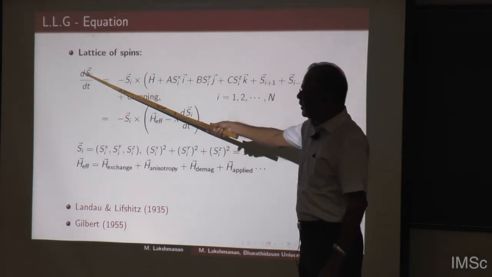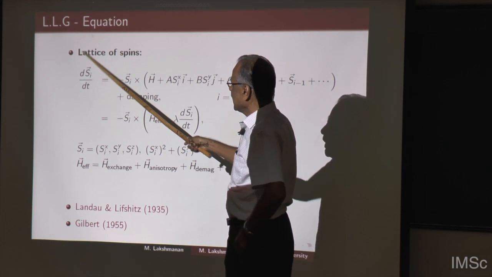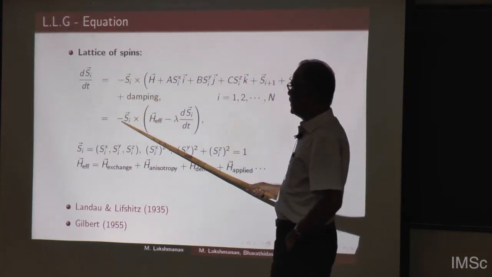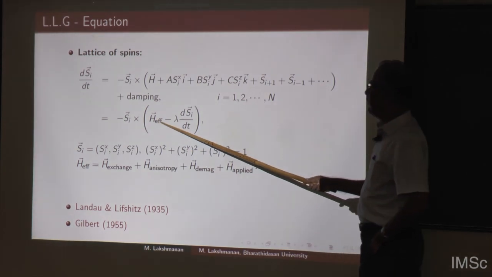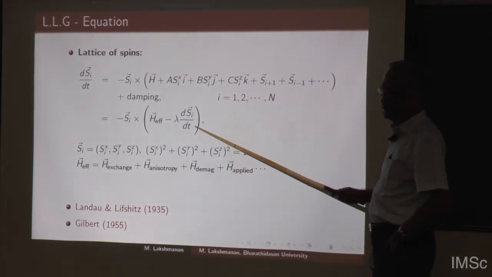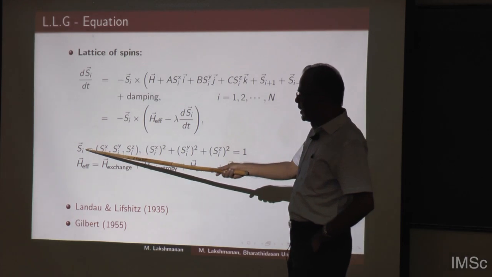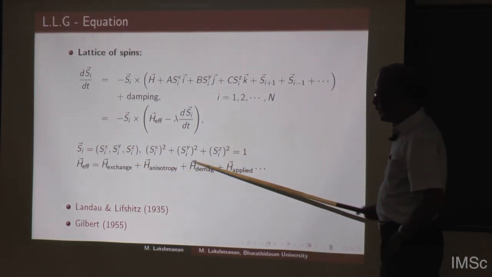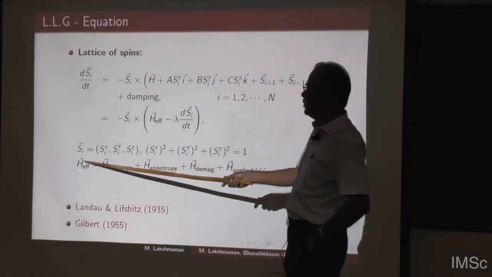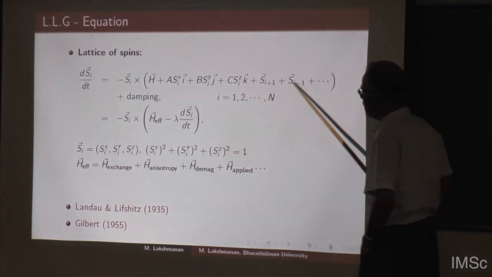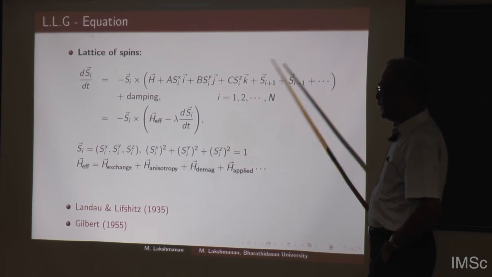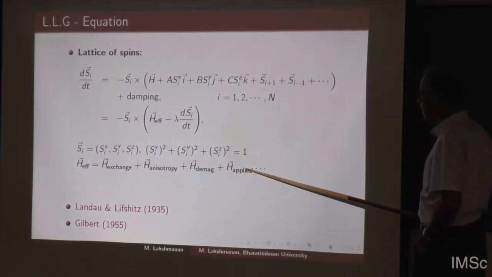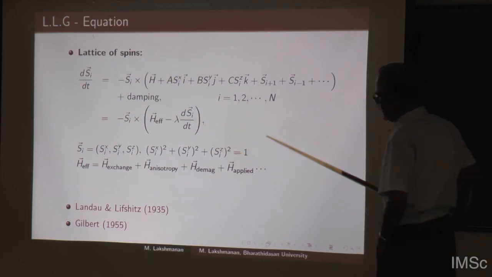So for the entire lattice, I can write the dynamical equation as dSi/dt equals minus Si cross H effective minus lambda dSi/dt, where the Si are three-component unit vectors. H effective contains the exchange term, the interaction between nearest neighbors, anisotropy, the demagnetizing term, the applied magnetic field, and so on and so forth.